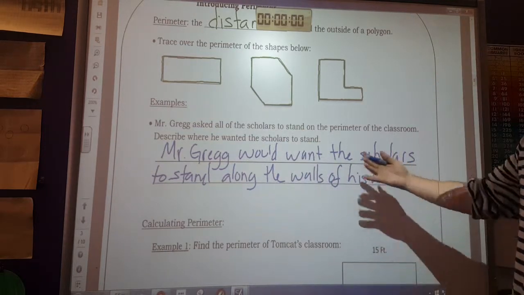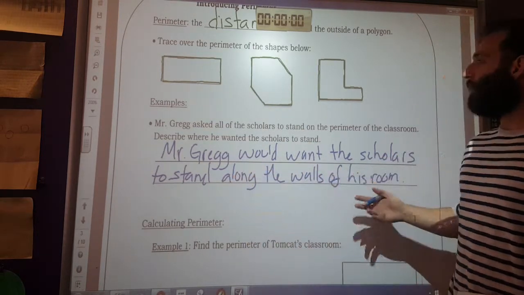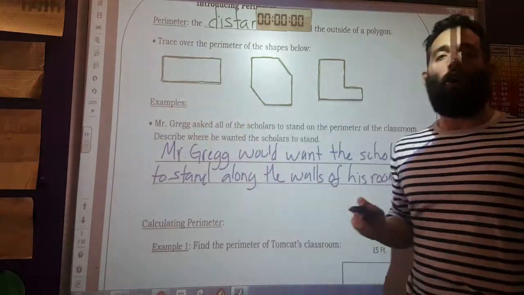Mr. Greg would want the scholars to stand along the walls of his classroom.